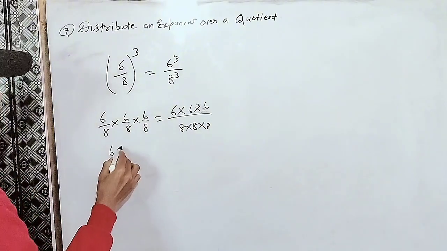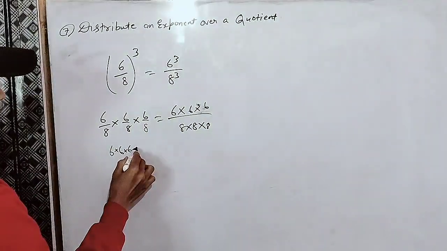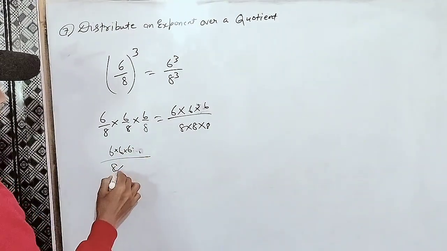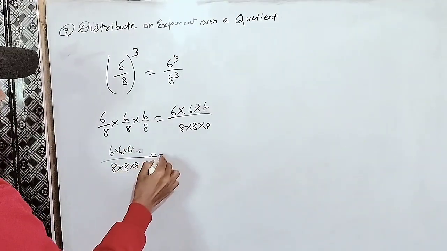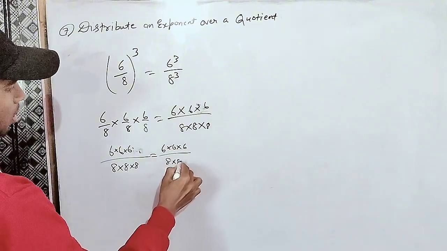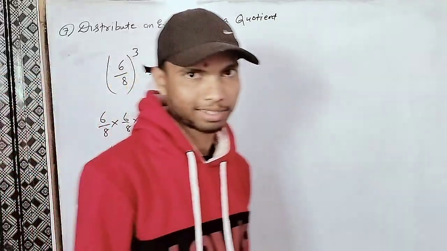Can we write it like that? LHS is equal to RHS.